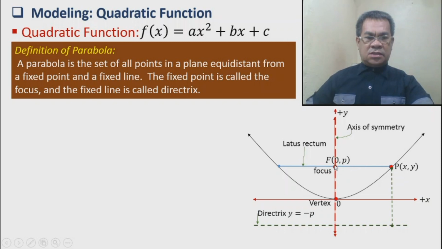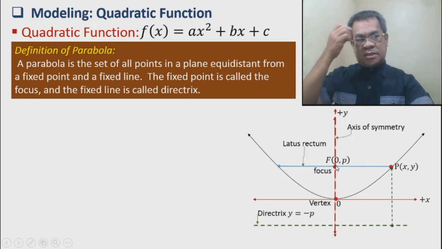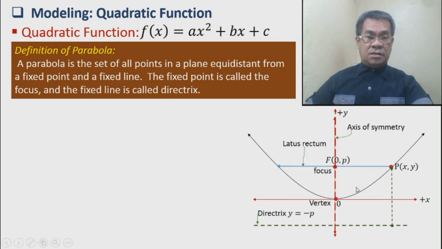Then the focus has the coordinates (0, p), because by definition this is equidistant. Whatever the distance from the vertex towards the directrix is, it is the same as the distance from 0 to the focal point. So it has coordinates (0, p), while the origin is (0, 0).